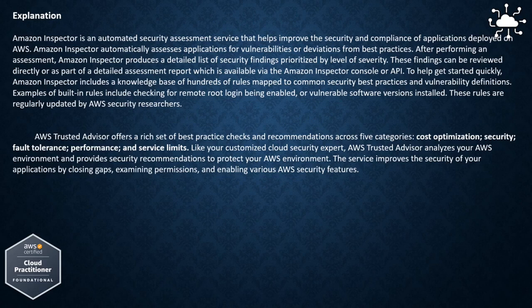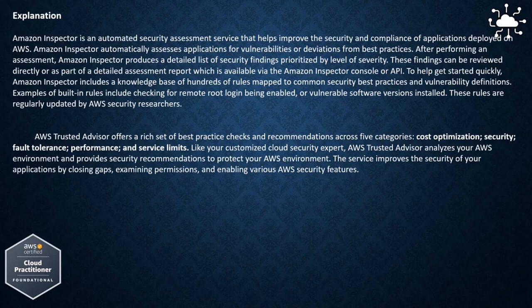These findings can be reviewed directly or as part of a detailed assessment report which is available via the Amazon Inspector console or API. To help get started quickly, Amazon Inspector includes a knowledge base of hundreds of rules mapped to common security best practices and vulnerability definitions. Examples of built-in rules include checking for remote root login being enabled, or vulnerable software versions installed. These rules are regularly updated by AWS security researchers.